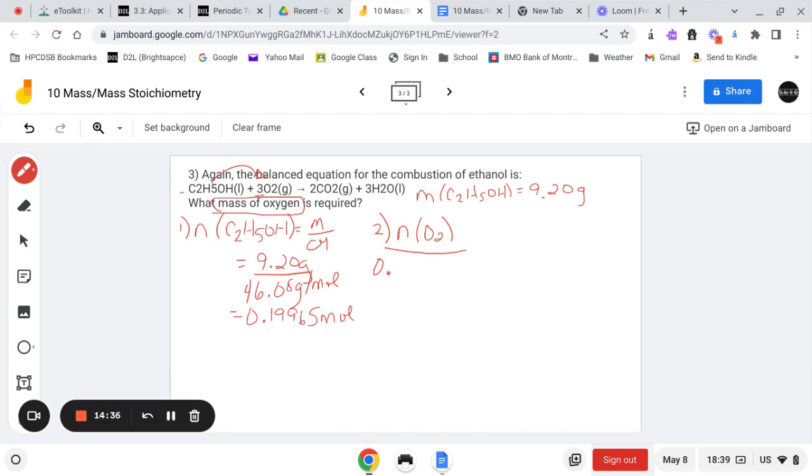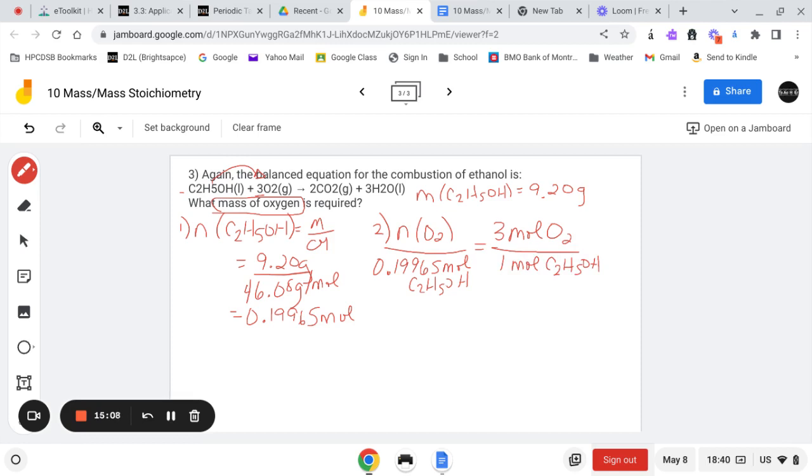So I'm comparing that to 0.19965 moles of ethanol, C2H5OH. And then remember that we put the coefficients for each and line up those coefficients. If oxygen is in your numerator, because it's the unknown, you've got to put the coefficient for oxygen in the numerator. If your known value is ethanol, then you need the coefficient for ethanol in the denominator.